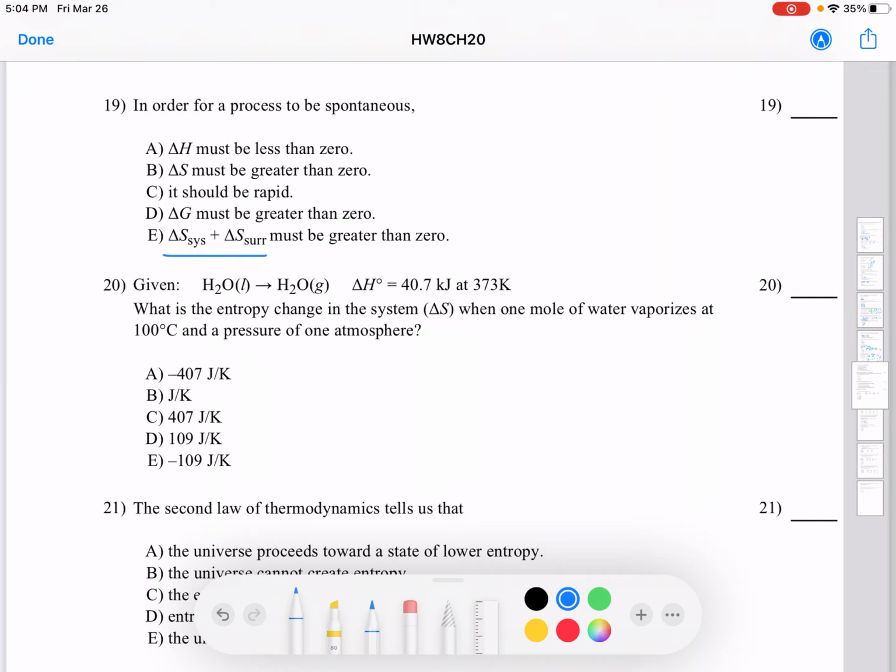Number 20, given liquid water going to gaseous water, delta H naught is given as 40.7. What is the entropy change in the system when 1 mole of water vaporizes at 100 degrees Celsius and a pressure of 1 atmosphere? So water needs to vaporize, going from liquid water to gaseous water.